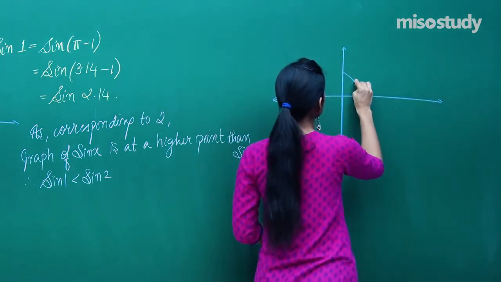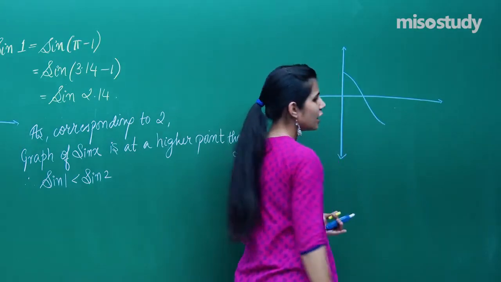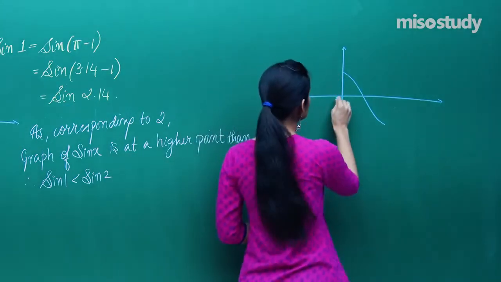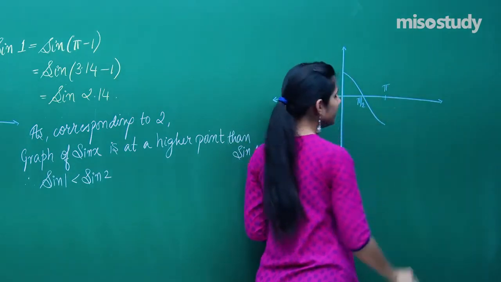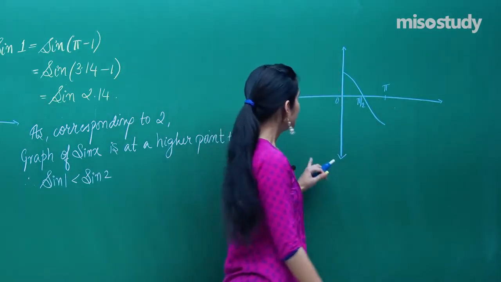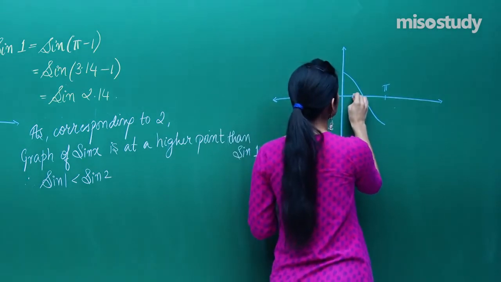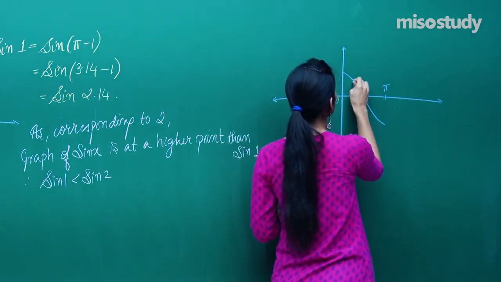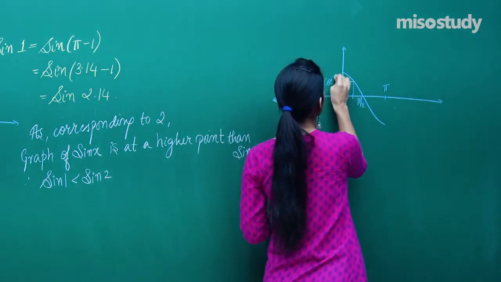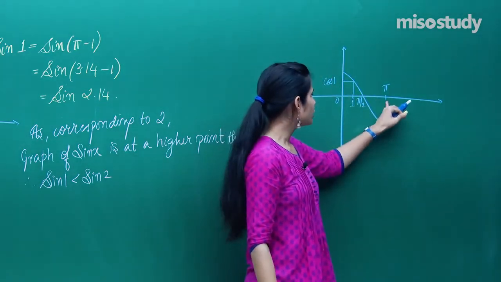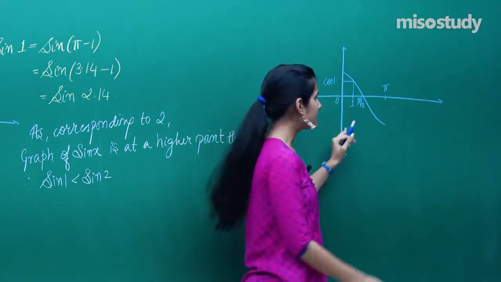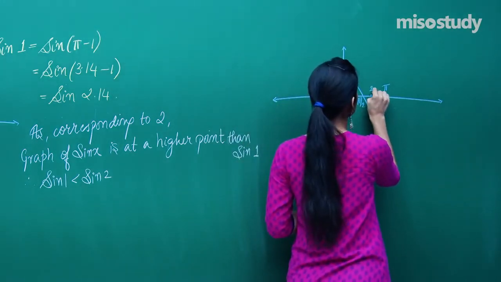So basically, this is how you obtain it in the portion 0, pi by 2, pi. Pi by 2 is 1.57, so 1 is somewhere here. Corresponding to 1, this is your cos 1. Pi is 3.14, pi by 2 is 1.57, so 2 is somewhere here.